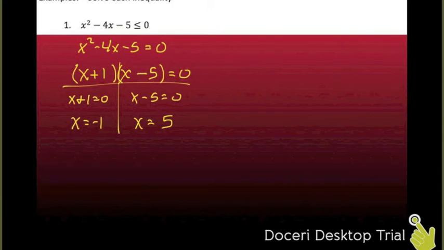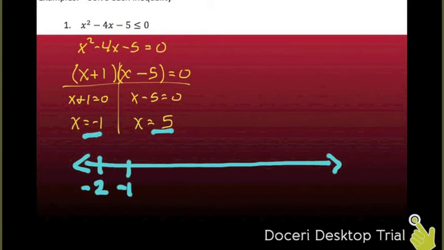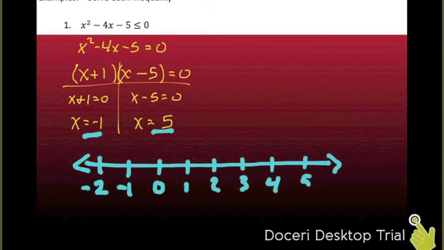Let's use this color. That sounds good. So we're going to draw our number line. And we know that our number line has to go from negative 1 to positive 5. So I'm going to start one below that. So we have our number line here.